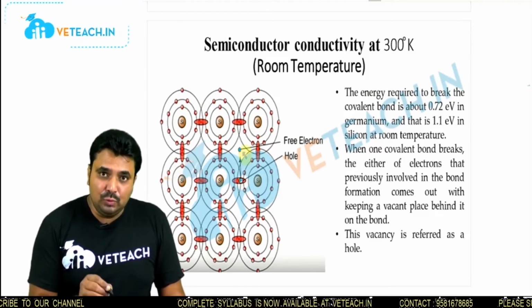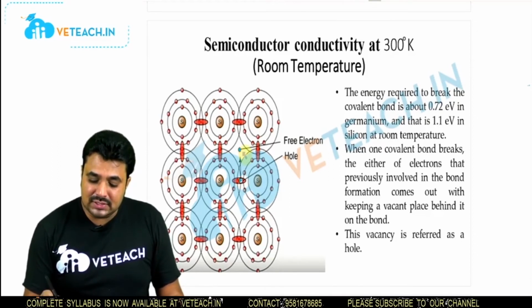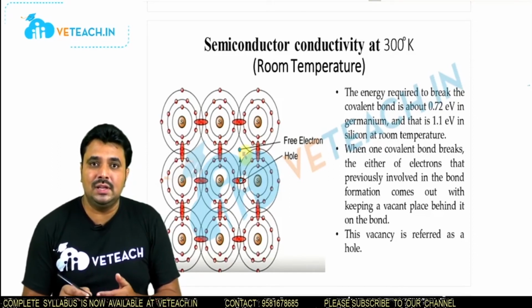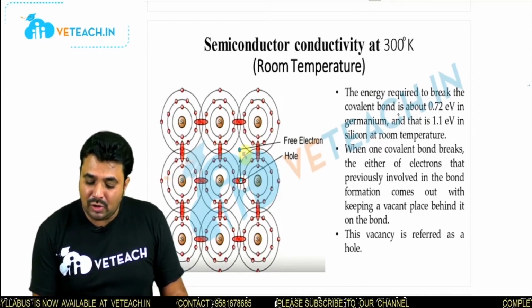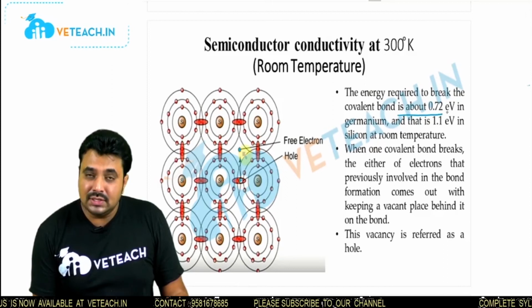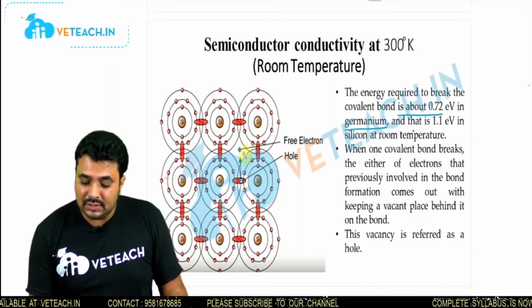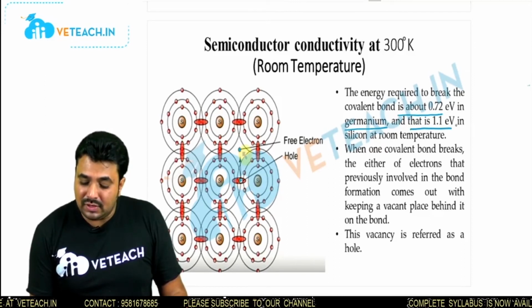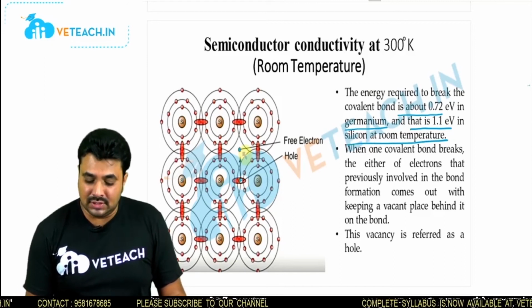For example, to break the covalent bond, silicon and germanium have different energy levels. The energy required to break the covalent bond is about 0.72 electron volt in germanium and 1.1 electron volt in silicon at room temperature.